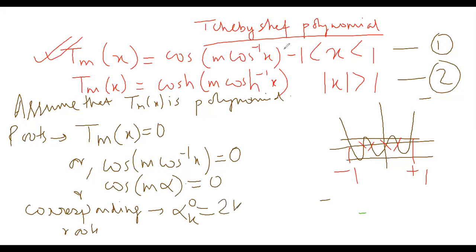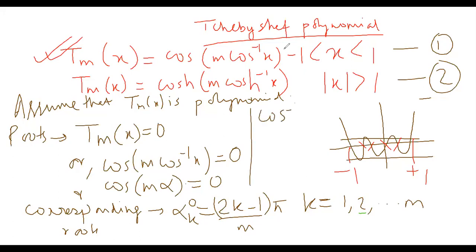That is equal to (2k minus 1) by m into pi, which you get from trigonometry, where k is equal to 1 to m. Now once you find this alpha, you use the expression cos inverse x equal to alpha. So x equals cos of alpha, right? You find the values of x, and you will get the roots.